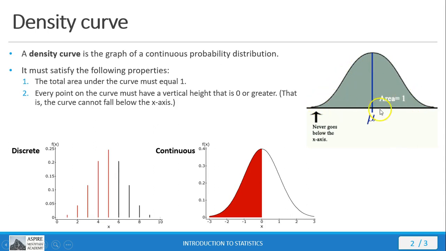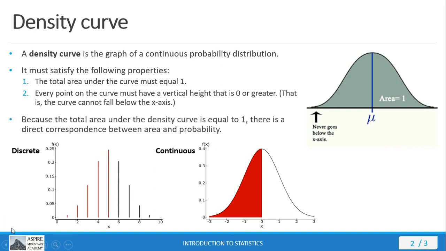And this total area here underneath the curve is going to be equal to 1. That's going to be very useful, because when that area underneath the density curve is equal to 1, and it has to be in order to be a density curve, then that creates a direct correspondence between area and probability. Remember, the values for probability are bounded between 0 and 1.